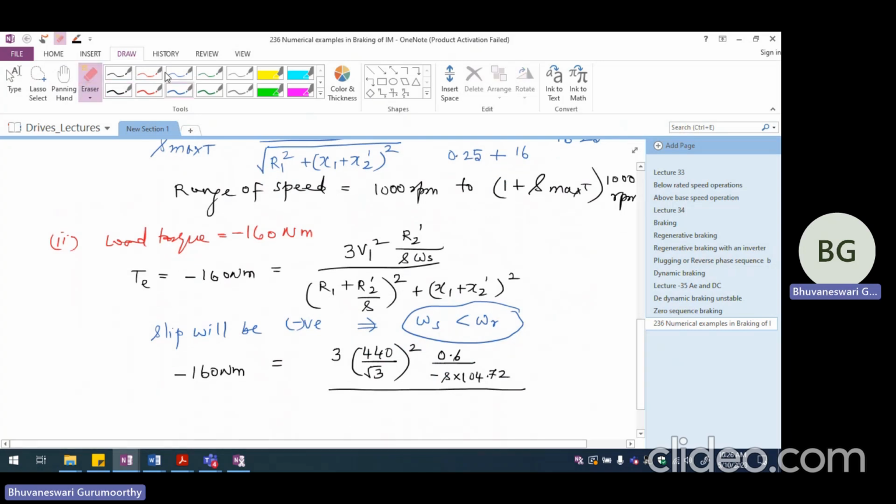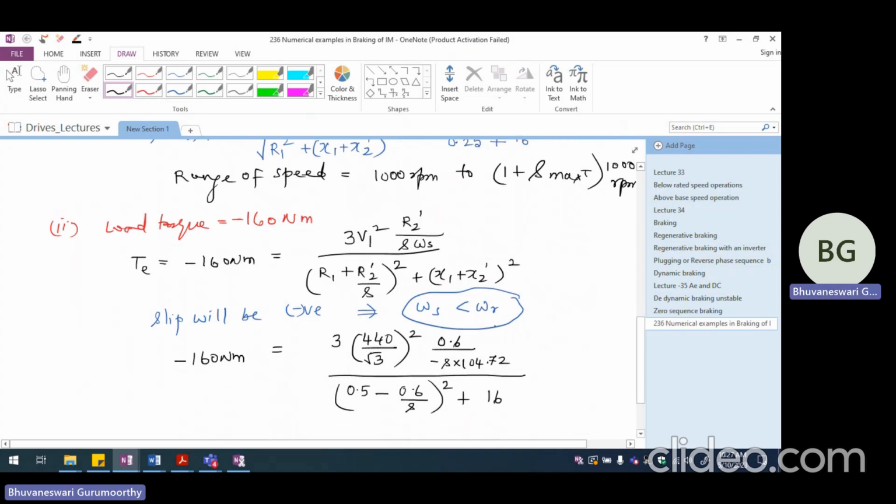So I can write this as 0.5 ohm plus R2 dash by S, but S is negative. So we should write it as minus R2 dash, which is 0.6 divided by S, the whole square, plus 2 plus 2, so that is 4 square, which is 16. So we are writing this as the expression corresponding to 160 Newton meter load torque.